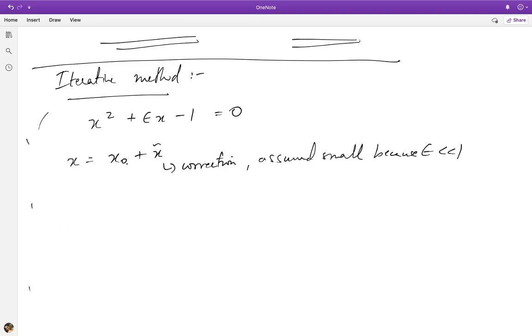So to do that, let's substitute this form of the solution into equation 1. So again, I'll get x0 squared plus 2 x0 x tilde plus x tilde squared plus epsilon x0 plus epsilon x tilde minus 1. Remember I said I want to obtain an equation for x tilde.